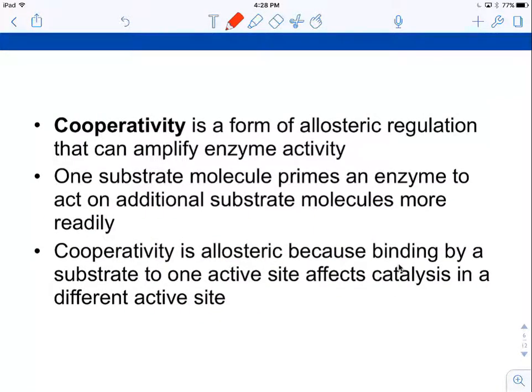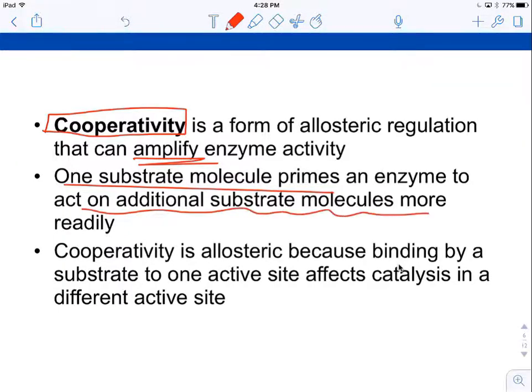Now, different types of allosteric regulation. Cooperativity is one form of allosteric regulation that can not just turn it on, but turn it up. It can amplify enzyme activity, and this involves binding of the substrate. What happens in cooperativity is one substrate molecule binds and primes the enzyme to act on additional substrate molecules more readily.